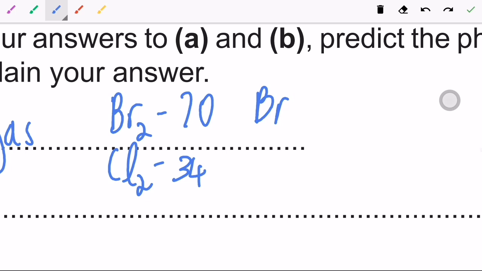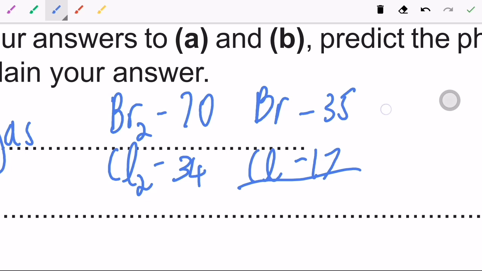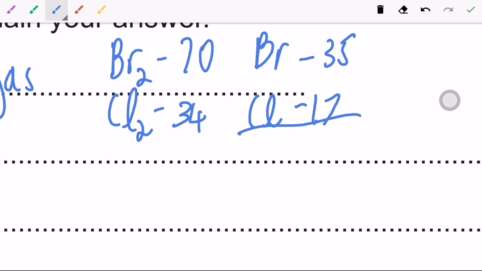Now you've got BrCl, a Br atom and a Cl atom, so that gives you 35 plus 17, which gives you 52.